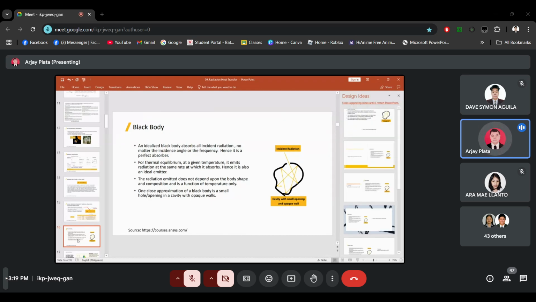An idealized black body absorbs all the incident radiation, no matter the incident angle or frequency, so it is a perfect absorber. For thermal equilibrium at a given temperature, it emits radiation at the same rate at which it absorbs, so it is also an ideal emitter.